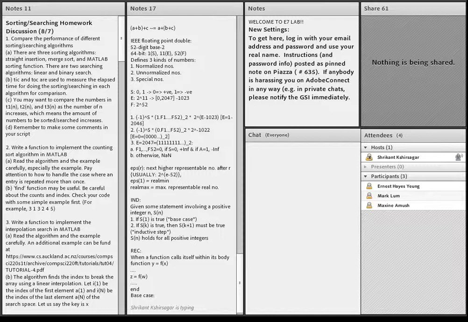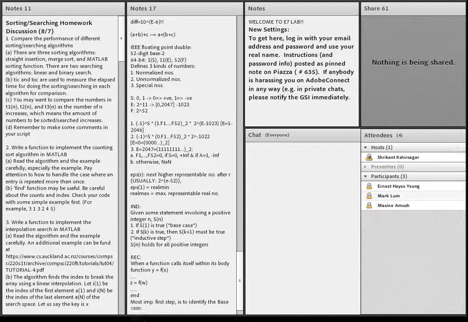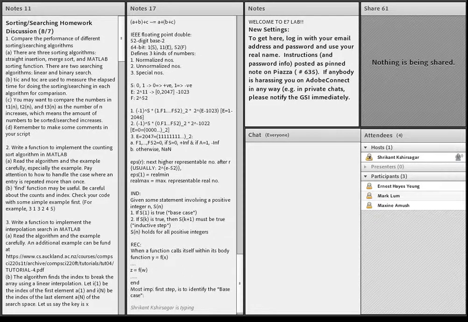So the base case is the most important thing. Whenever you start thinking about a recursive function, one of the most important first steps is to identify the base case, which is basically the case when you can compute the answer directly.